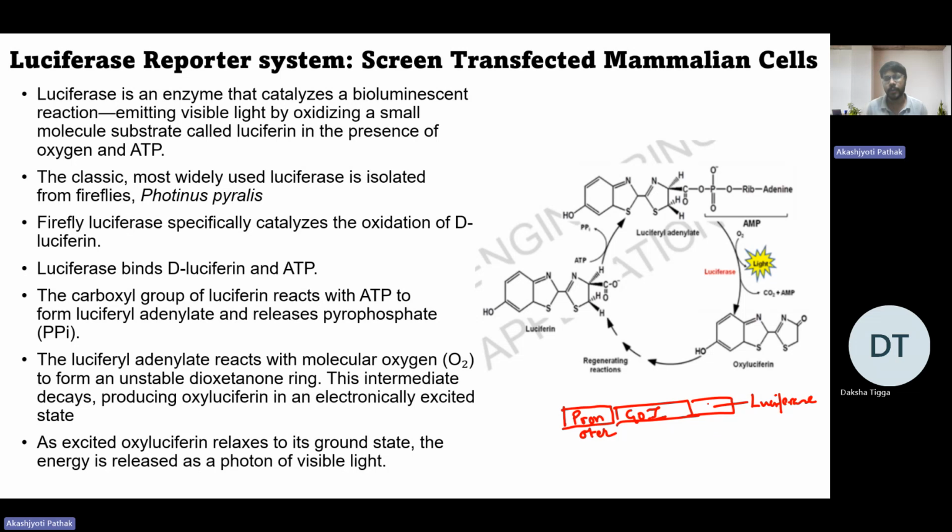The product that is formed gives a particular luminescence, and by taking the intensity of this emitted light, you can measure how much your gene is getting expressed.